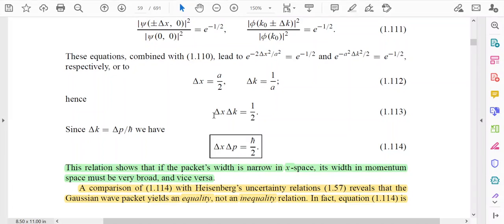So the relation between delta x and delta p is reciprocal in nature. If delta x is narrow, delta p will be broad and vice versa.